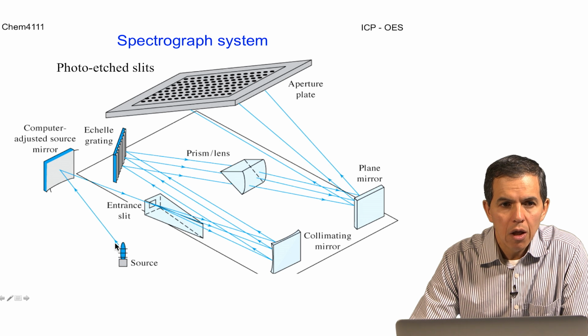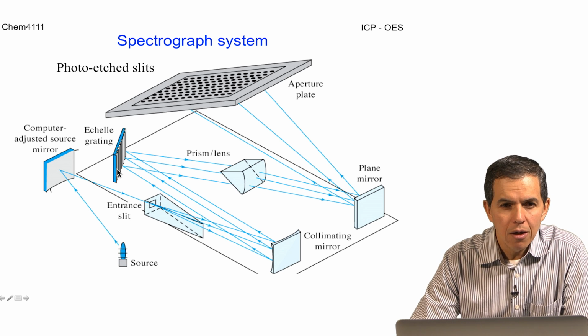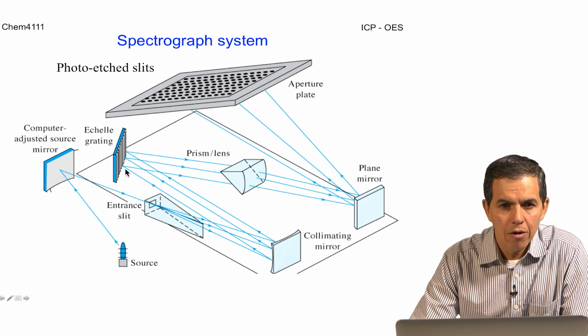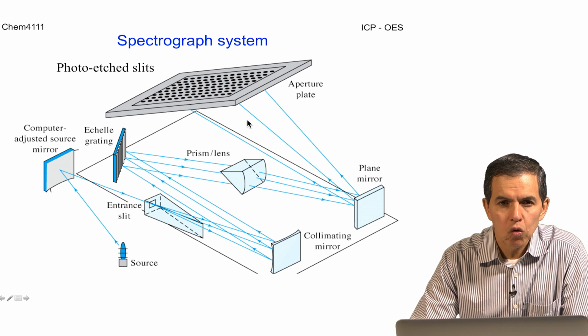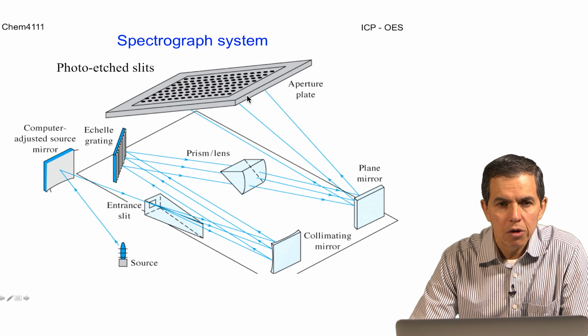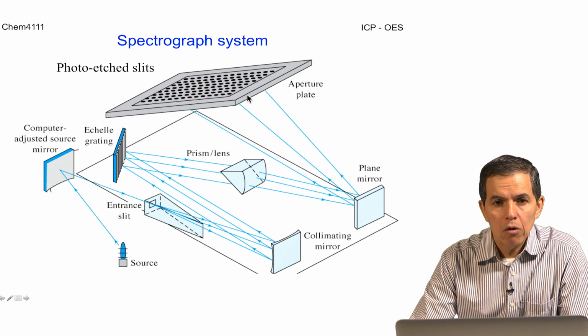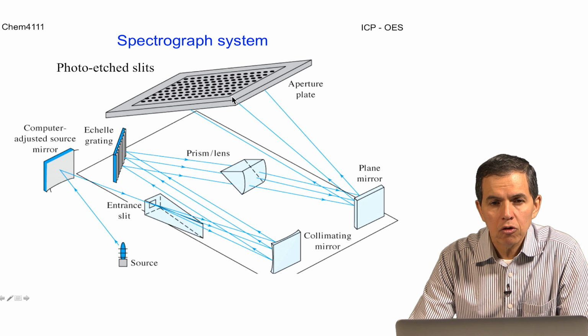This is accomplished by using a grating and a prism, and they have the ability to disperse the light in perpendicular orientations. The net result is that when this light is imaged onto a plane, represented here by this particular drawing, each wavelength will have a unique position. It is the ability to recognize that unique position that allows us to monitor the emission of each element separately.